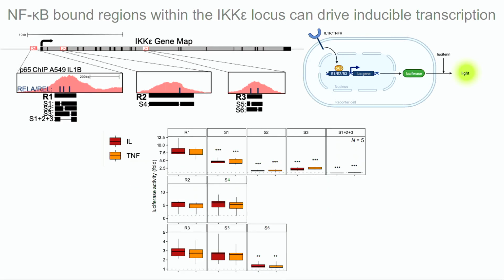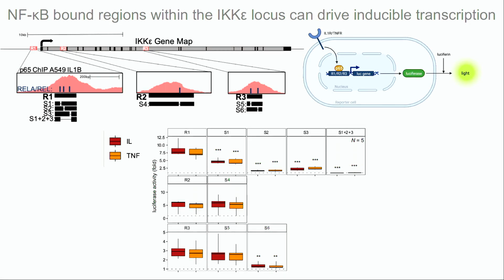To really look into which sites are actually driving this expression, as you can see, I have labeled the JASPAR NF-κB binding sites. You see 3 in this region over here, 1 in region 2, and 2 in region 3. I went back to the clones that I had already made and used site-directed mutagenesis to take out all of these regions.